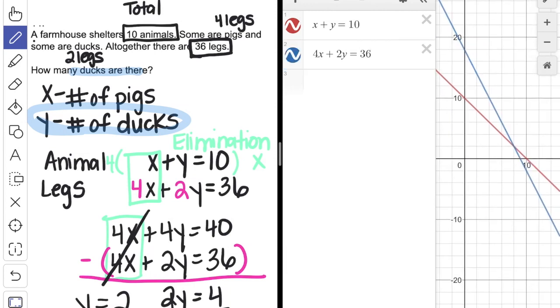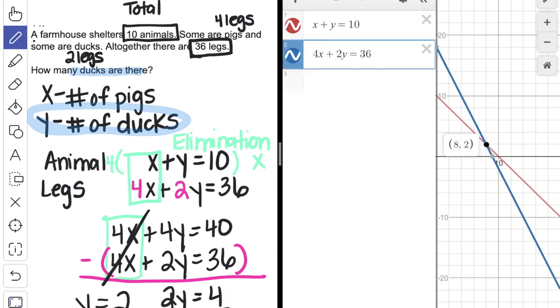All right, so I'm finding the intersection where the two come together. And of course, I do have 8 and 2. So 8 is my x, that's pigs. 2 is my y, which is ducks. So therefore, there are 2 ducks in my barn as my final answer.